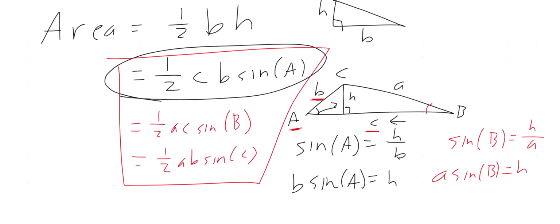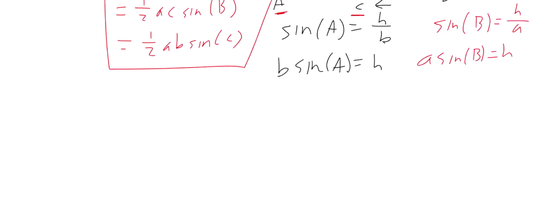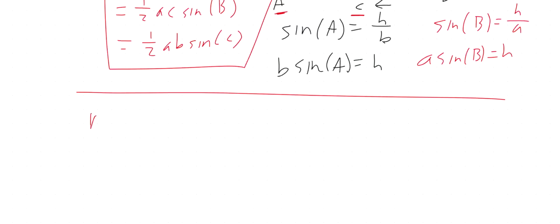So let's try one of these. Let's say that the measure of angle A is 50 degrees, side B is 5, and side C is 8. So this is a side-angle-side setup.